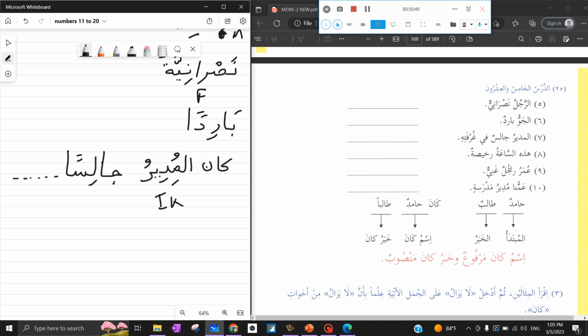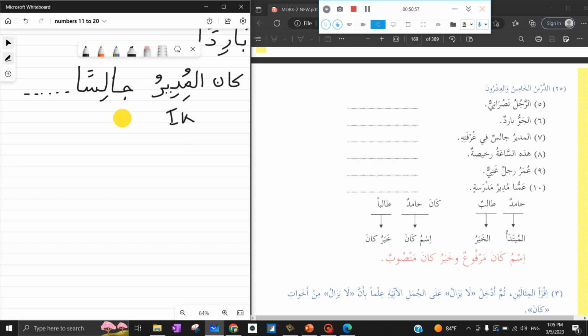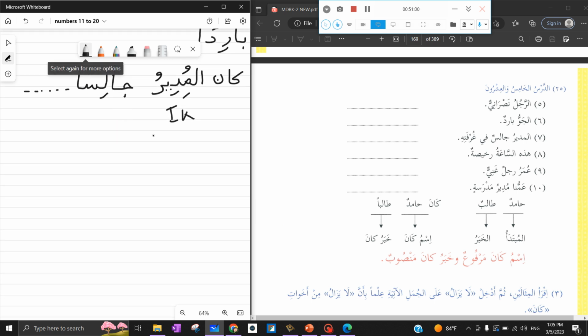هذه الساعة رخيصة. Now this was for male, and now we will do the female one. How do we do a female? هذه الساعة. Now kana, we will use kana or kanat. Just because this noun is feminine, we will use kanat with a ta tanis.